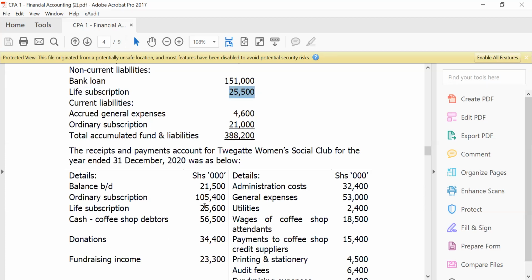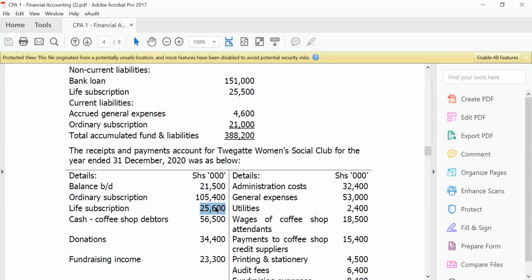Well, this life subscription that we have here relates to a period of how long? A period of 10 years.